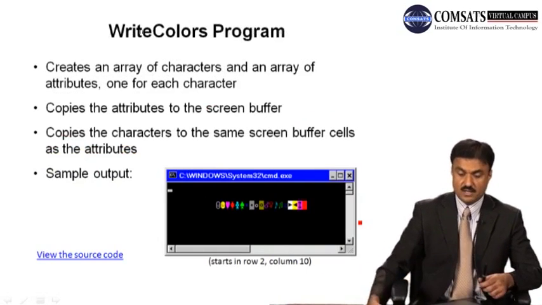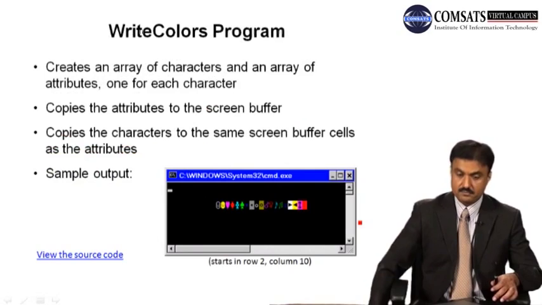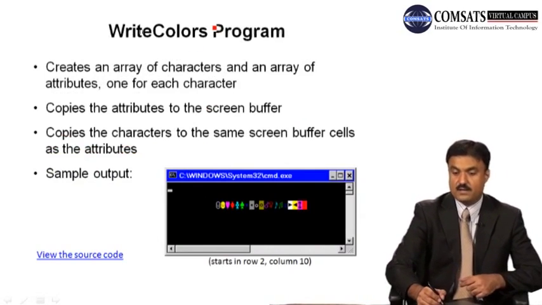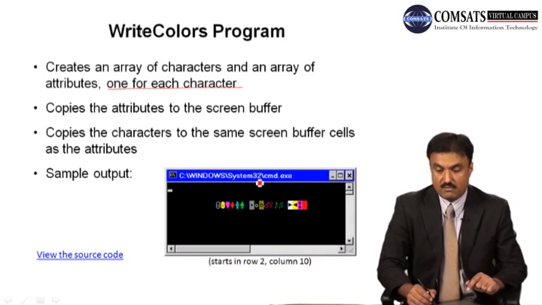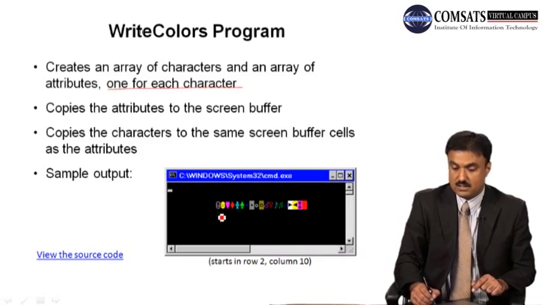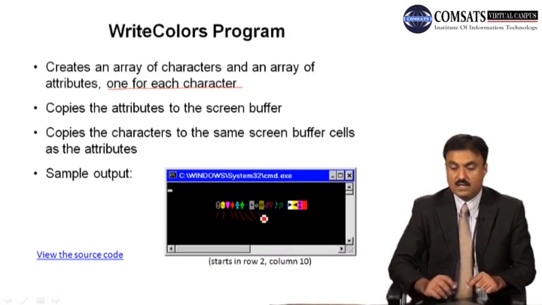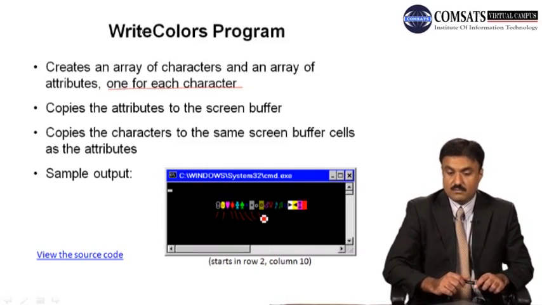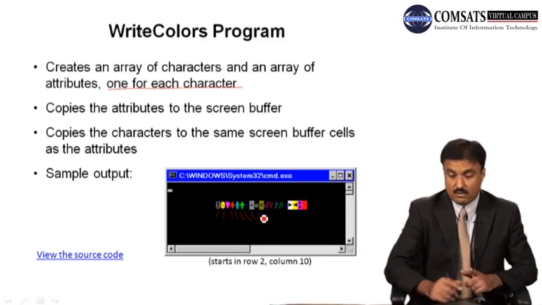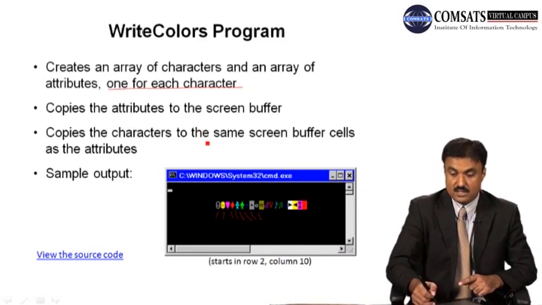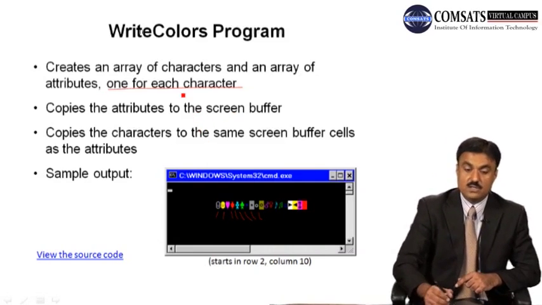Here is one example if you want to see this one. Create an array of characters and an array of attributes, one for each character. For example, here you can see we have a number of characters. These are the different characters, and we set an array for all these characters which you want to print here, and the attributes are also set.